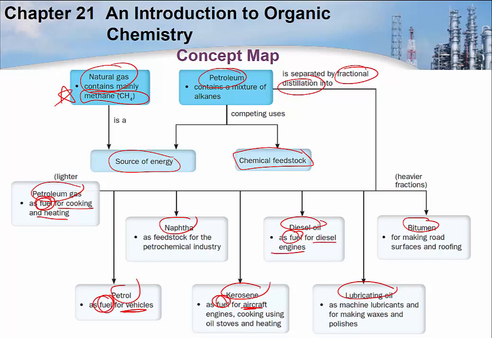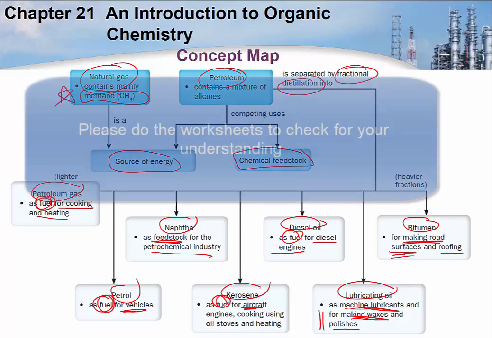For the other three, you don't need to mention the word fuel. Please don't mention that. Naphtha is a feedstock or raw material for the petrochemical industry. Lubricating oil is used to lubricate machines or even make wax and polishes. Don't forget about the wax and polishes. And bitumen is for making road surfaces or roofing. Just remember, road surfacing. The uses are very, very important. They will always be tested.